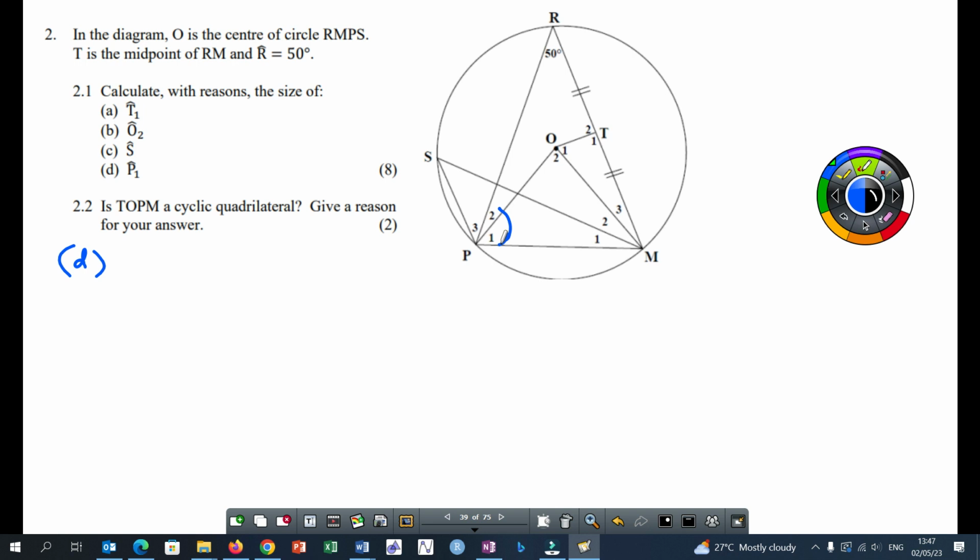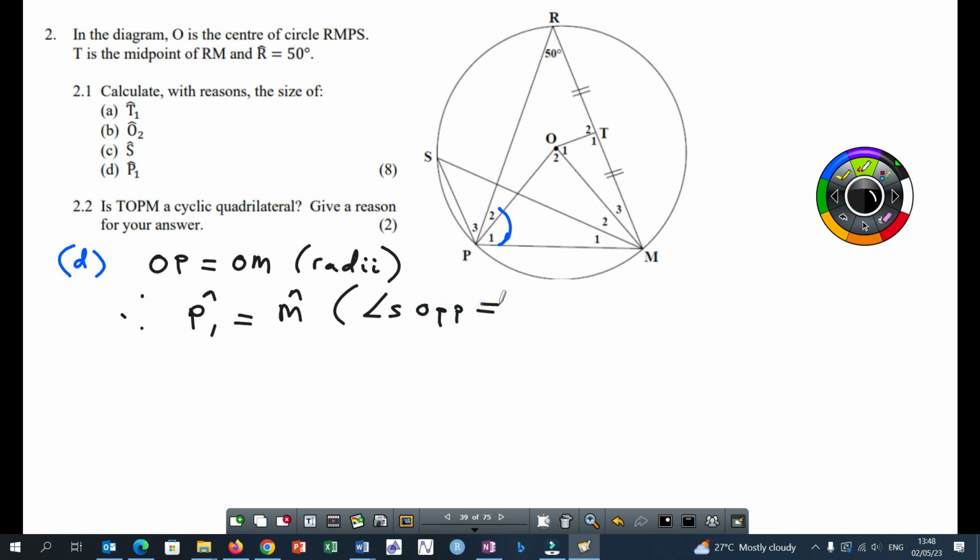But first, I'm going to write OP is equal to OM, and my reason here is radii. Then P1 will be equal to angle M, and our reason here is angles opposite equal sides.